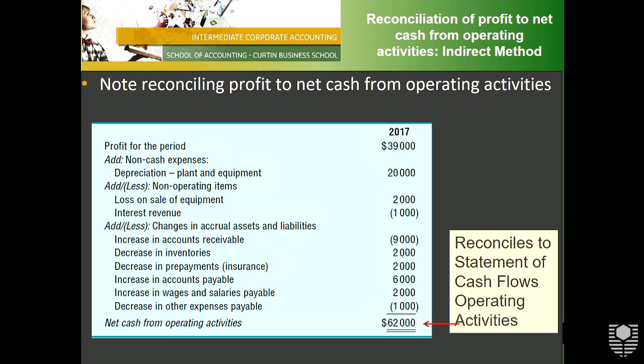Then you need to make sure that it reconciles back. Doing this is an extra check for you, and it might highlight why your operating activities may not balance, something you could have missed that you can go back and look at. It's a good little check to see whether your operating activities is correct.